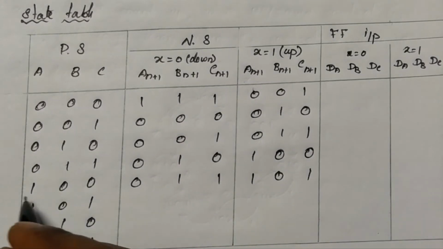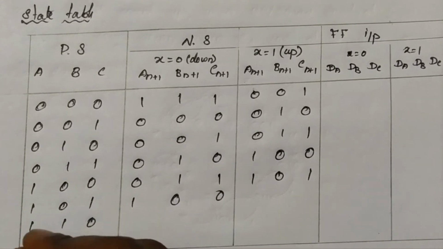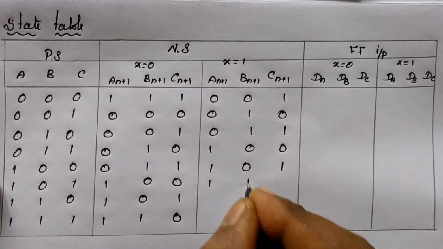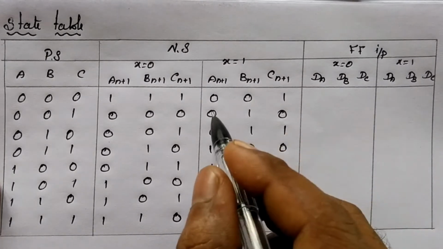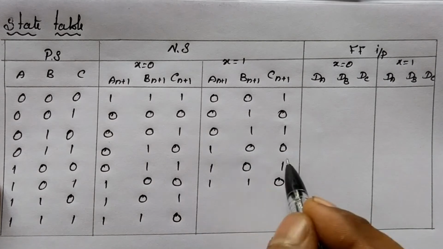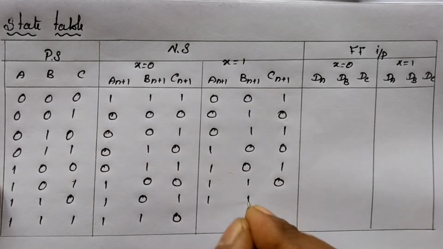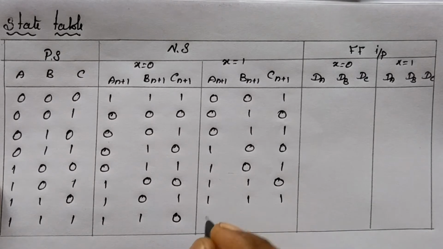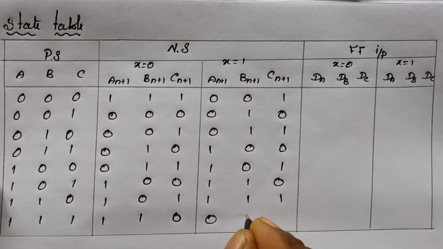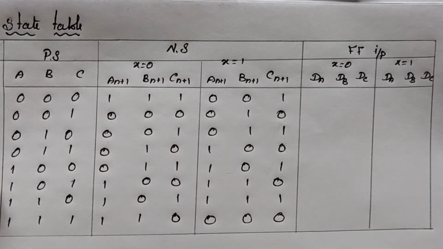From 1 0 1 its previous value is 1 0 0 and its next value is 1 1 0. It's similar, starting with 0 0 1, then 2, 3, 4, 5, 6, then 7, which is 1 1 1. After 7 it resets to the initial state 0 0 0.